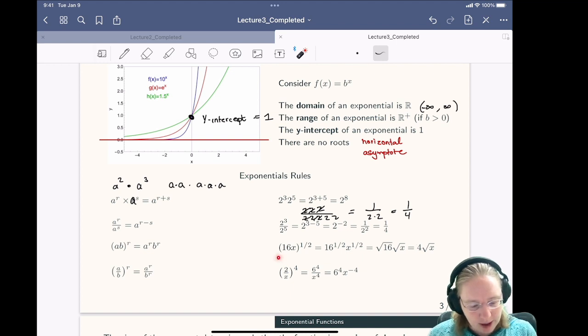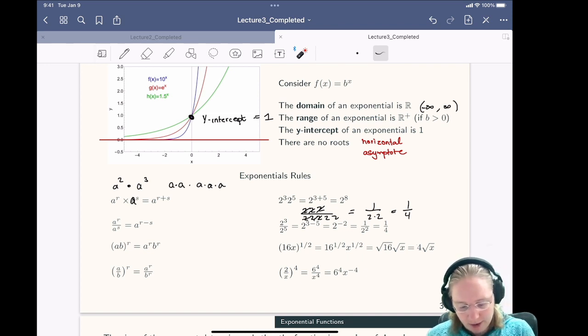So the first thing we can do is distribute that 1/2. So we have 16 to the 1/2 and x to the 1/2. Another way of writing that is the square root of 16 times the square root of x. We can actually know what the square root of 16 is. 16 is 4 times 4, so it can come out of the square root by just being a 4.